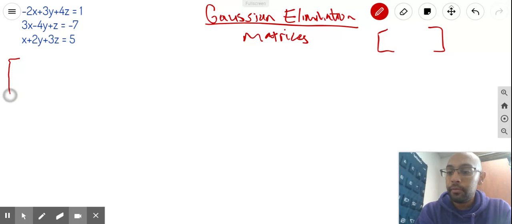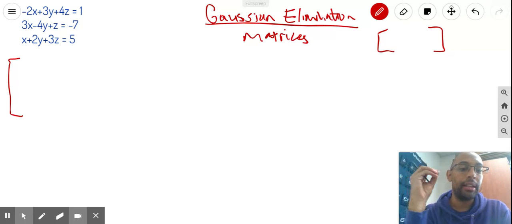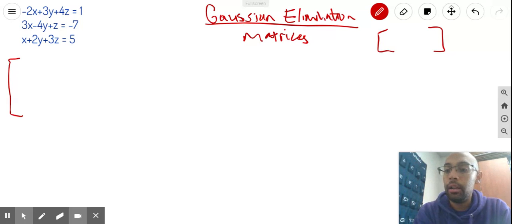I'm going to go row by row. In the first row, your coefficients are -2, 3, and 4, and your constant is 1. So you write in the first row the numbers -2, 3, 4, and 1.